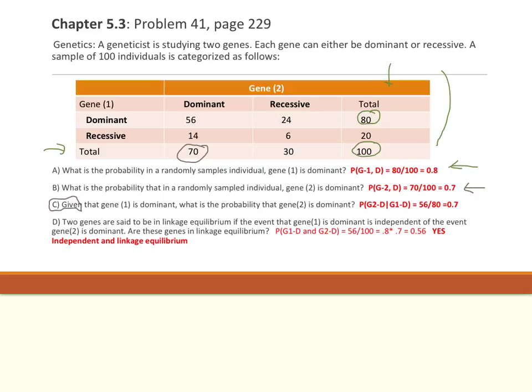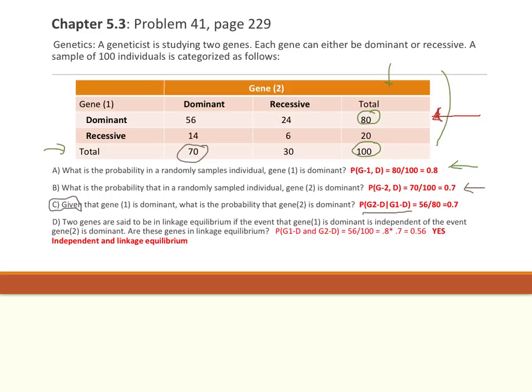So we write it as the following. The probability of gene 2 dominant given gene 1 is dominant. And here we use the fact that the given row in this case is dominant gene 1, which is going to be our denominator.